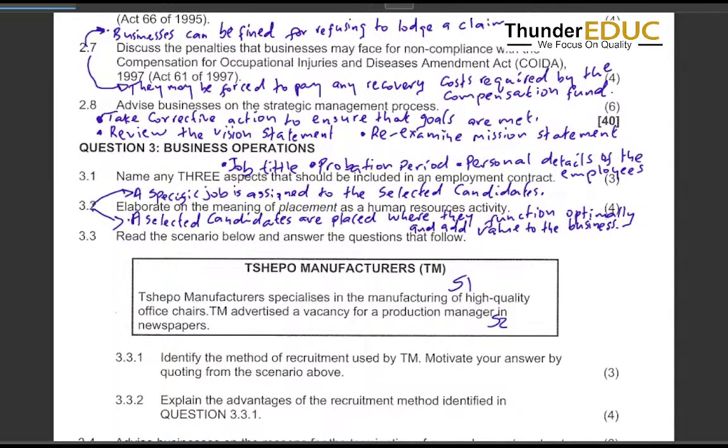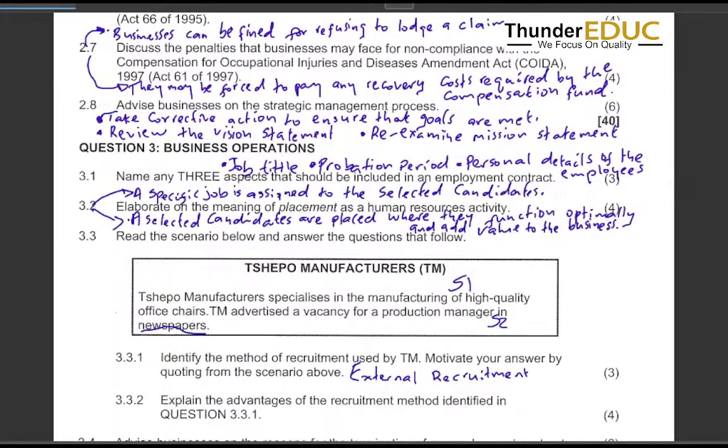So now the fact that they advertised this in a newspaper, this on its own, it is outside the business premises, which calls for external recruitment. So now let's motivate this. When we motivate, we are going to take what? We are going to take the second sentence.